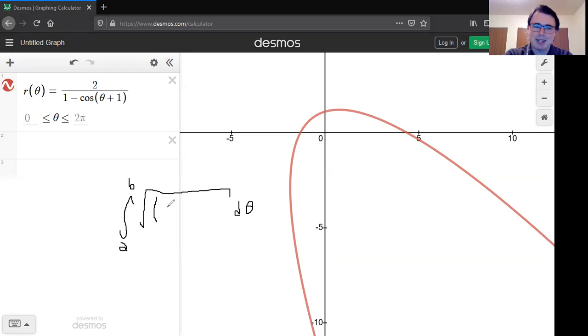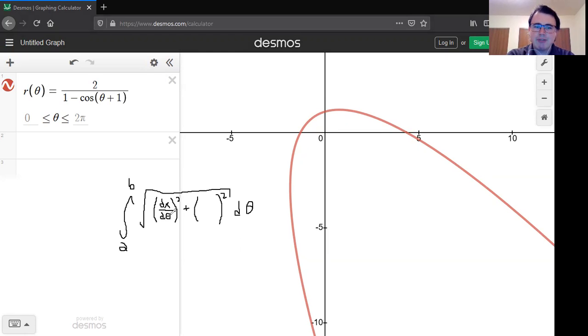I'm freehanding it because I need to do some fractions. I'm going to have the square of my x derivative plus the square of my y derivative. And this will look a little bit different because we're in polar coordinates, working with a polar curve. So I'll have dx on d theta all squared.